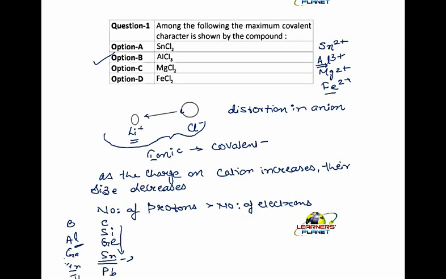While working on this problem, keep two things in mind. First, the size of the cation and anion. The cation with the smallest size will have maximum covalent character, and in case of anion, the one with the largest size will have the covalent character. So you have to remember Fajan's rule and the sizes.